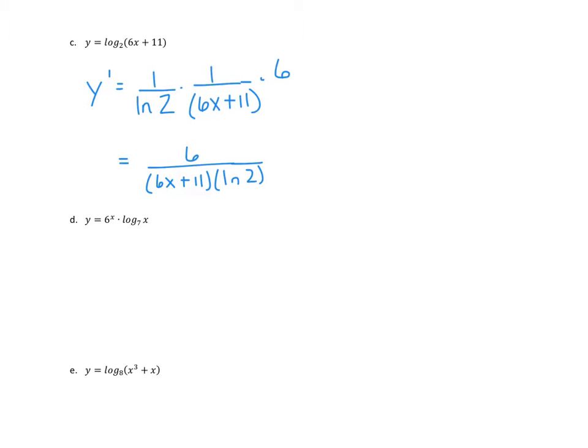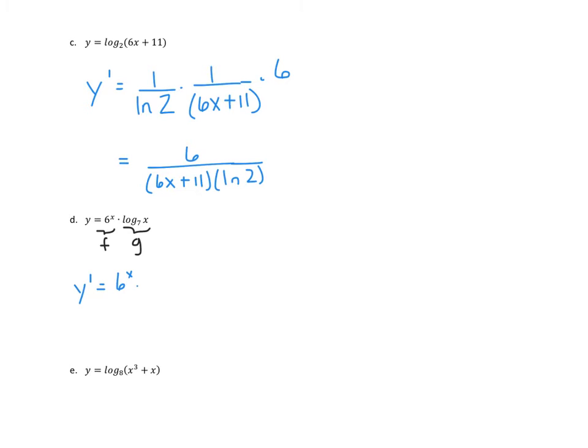In the next example, we have y equal to 6 to the x times log base 7 of x. So here we have a product, so we're going to use the product rule. We can think of 6 to the x as our first function, f, and log base 7 of x as our second function, g. So now using the product rule, y prime is going to look like the first function, 6 to the x, times the derivative of the second.